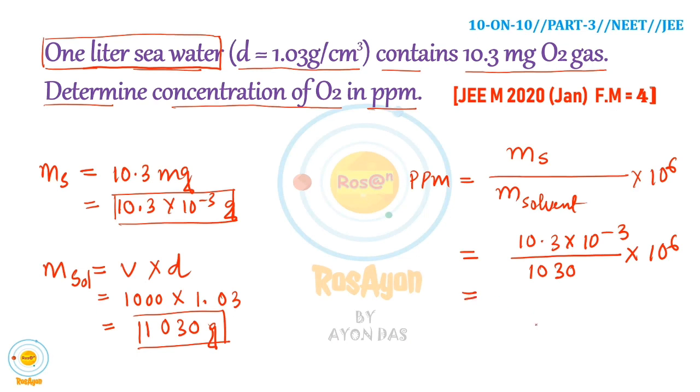If you calculate the value, that is equal to 10 ppm. So the concentration of the oxygen is 10 ppm. Now let's move on to the next question.